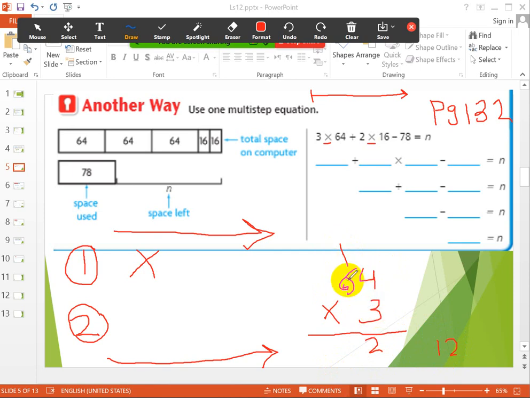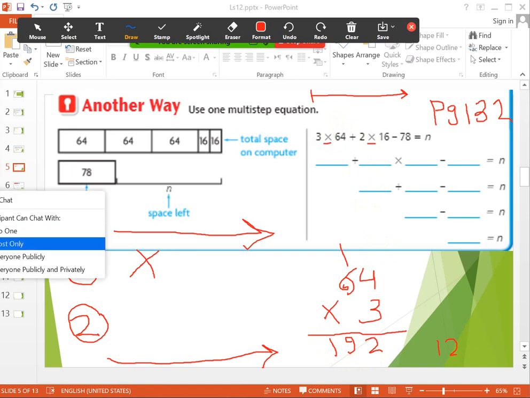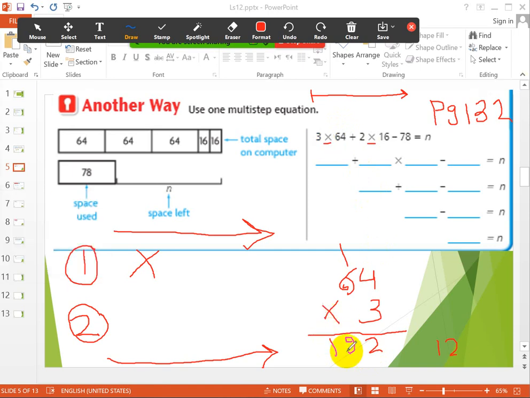Right? 18 plus 1 equals 19. So this is the first answer, for the first operation, which is multiplication. The answer is 192, thank you Zain.